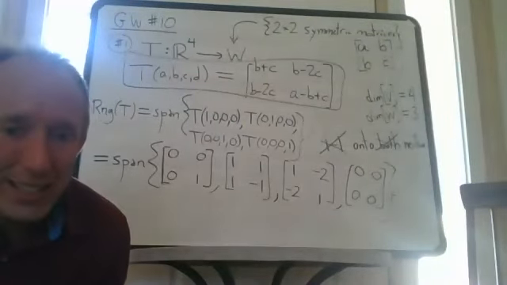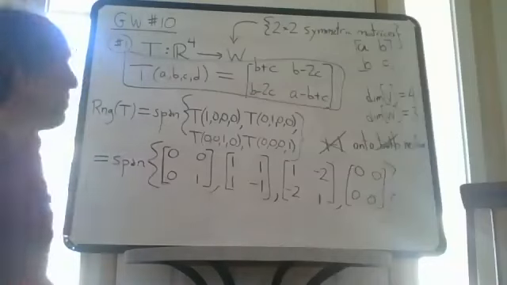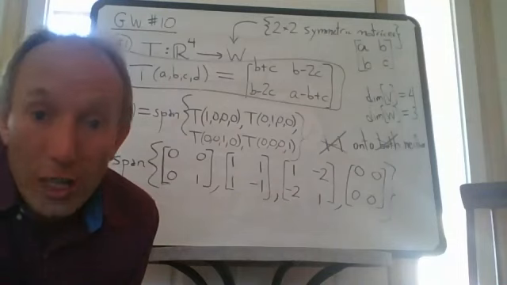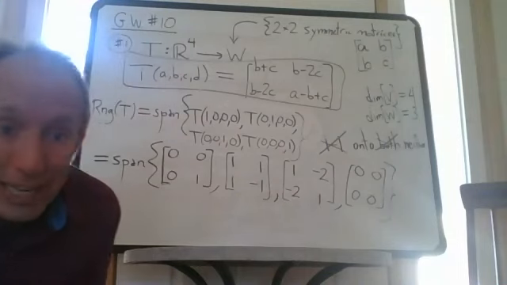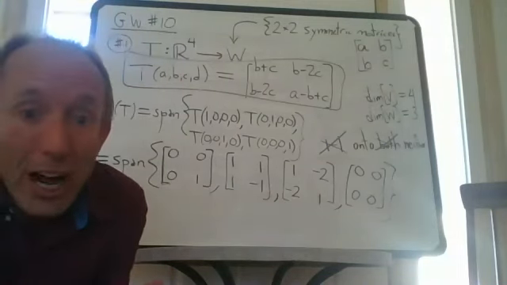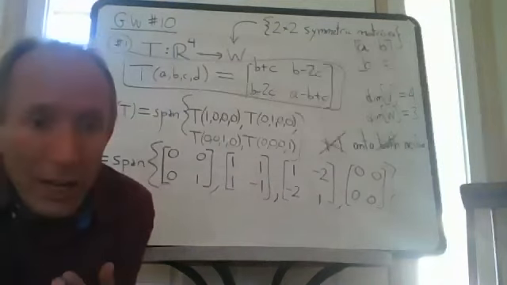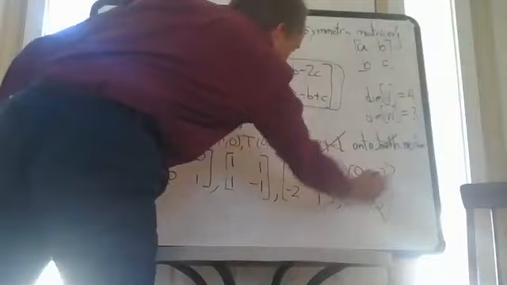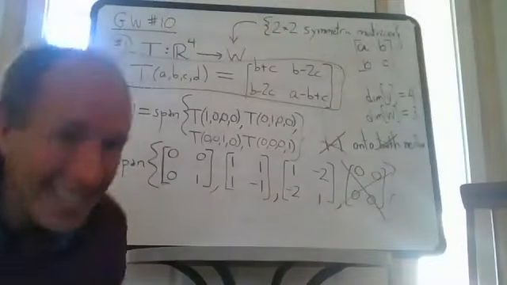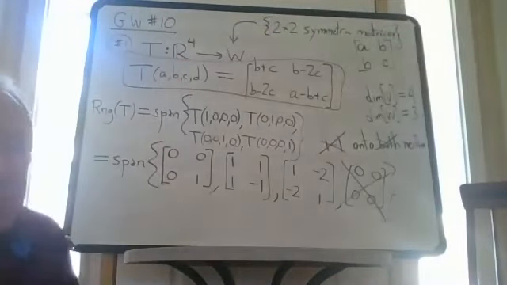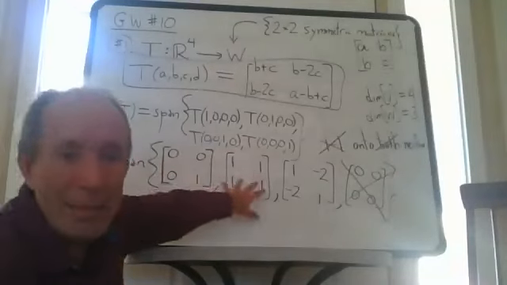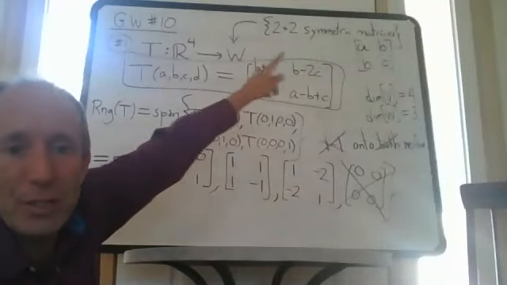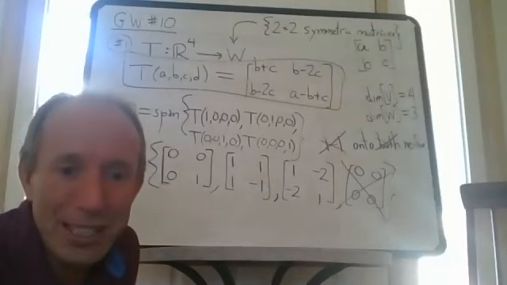And the question is, is that all of W? Does the range of T equal W or not? First of all, the last matrix over here, you can throw it away. It doesn't span anything. The question is, do these 3 matrices span W, the 2 by 2 symmetric matrices?